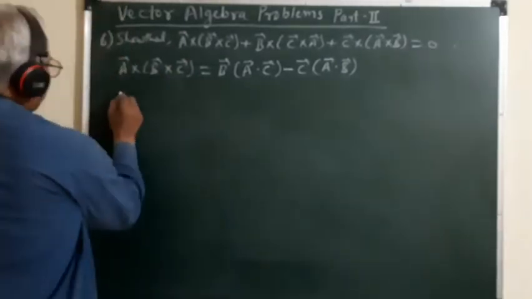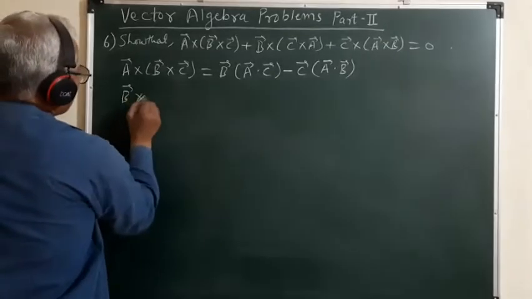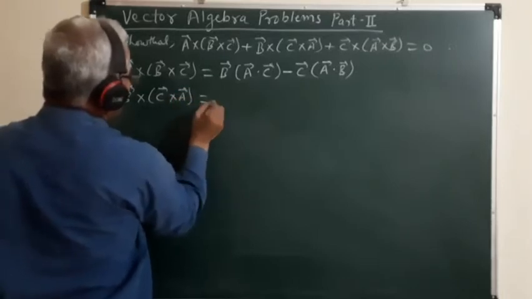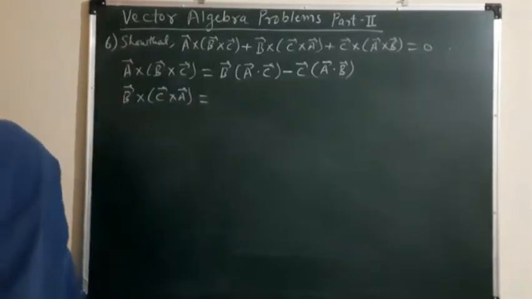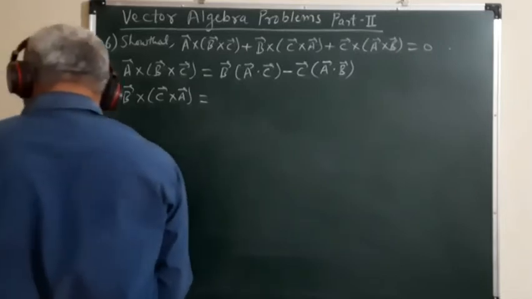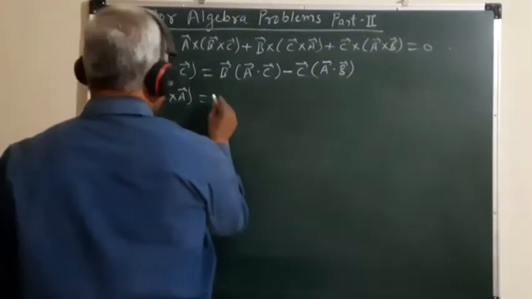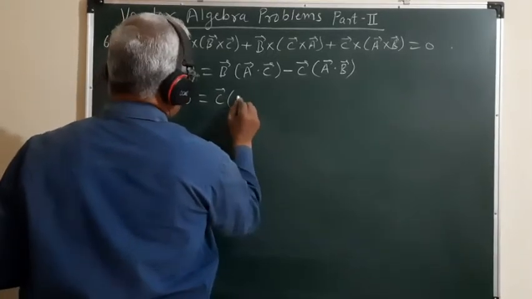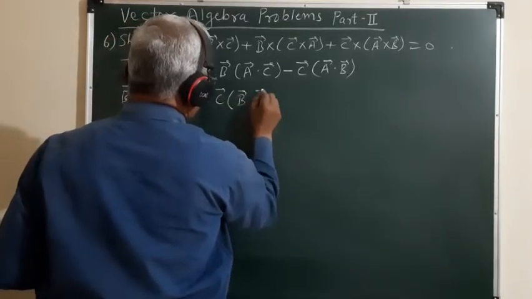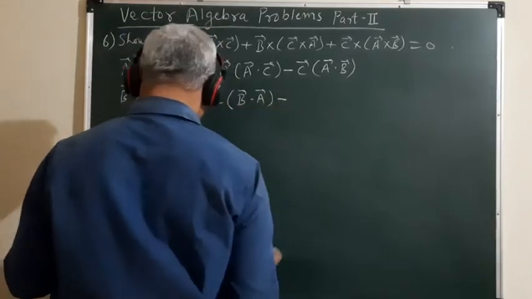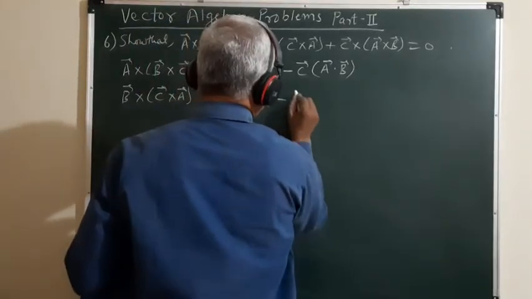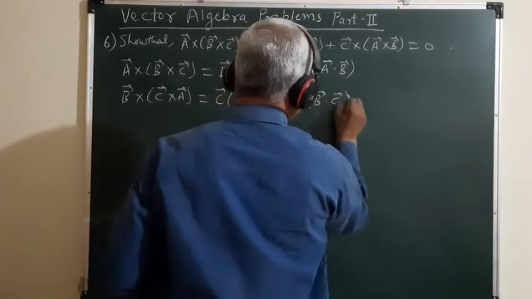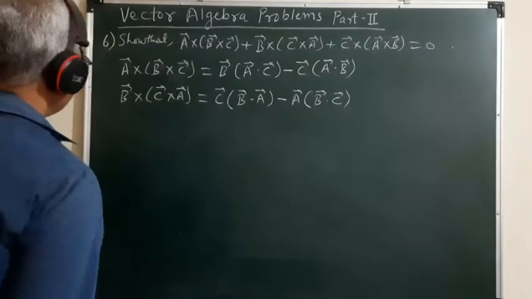Similarly, we can express b bar cross c bar cross a bar, and this will be equal to c bar into bracket b bar dot a bar minus a bar into bracket b bar dot c bar. Remember the sequence.